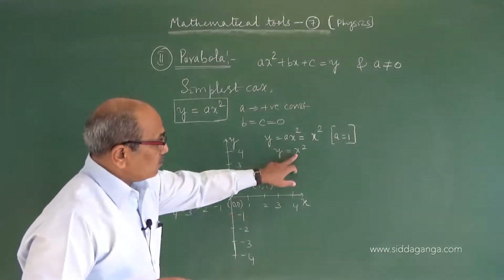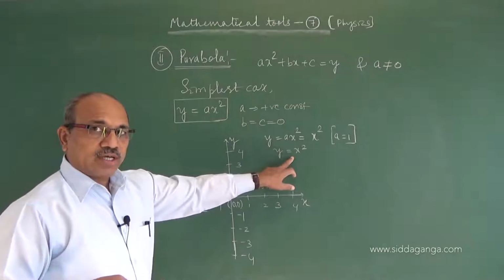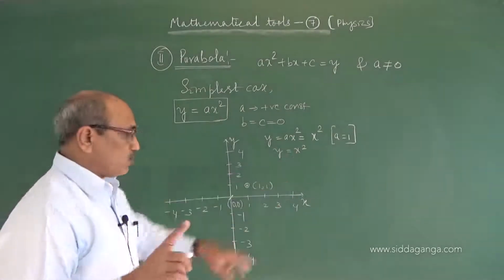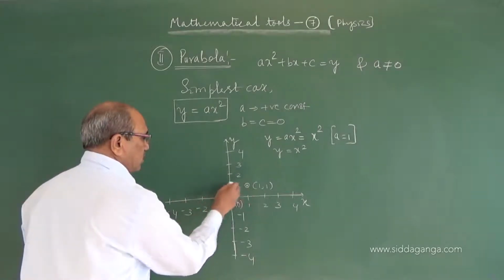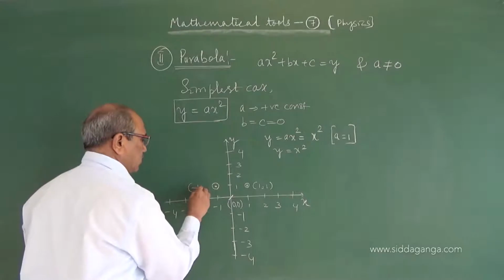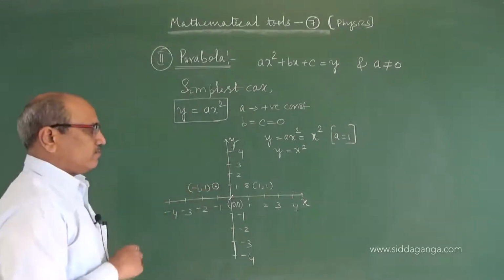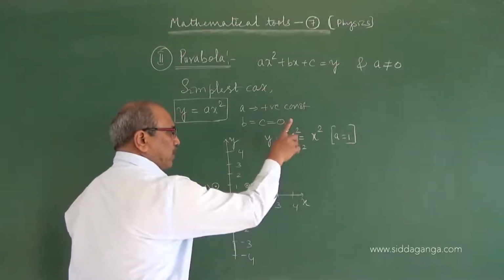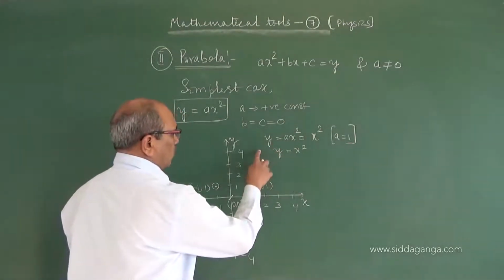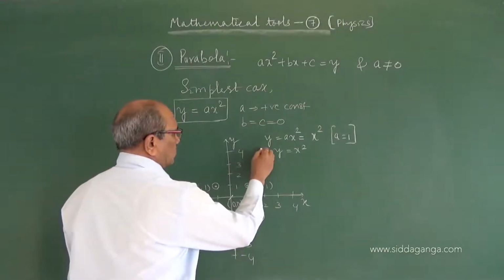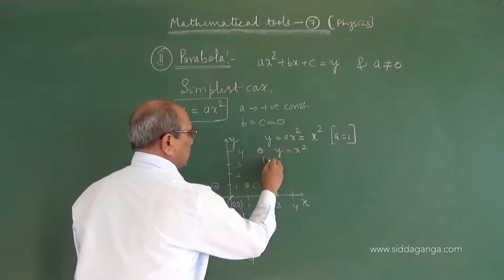Similarly, if you put x equal to minus 1, square is again plus 1, y is plus 1. So we get minus 1 and plus 1 here. If you put x equal to 2, square is 4, so y is 4. If I move like here along x, I get a point here, which is nothing but 2, 4.